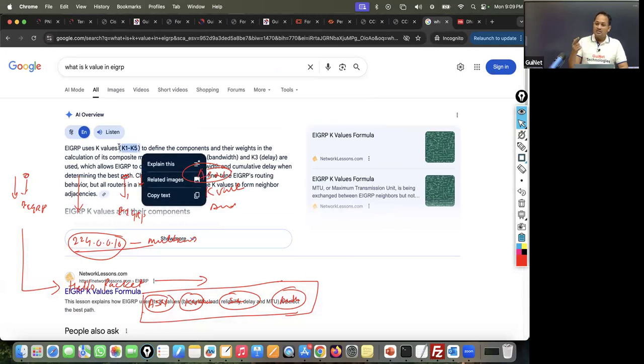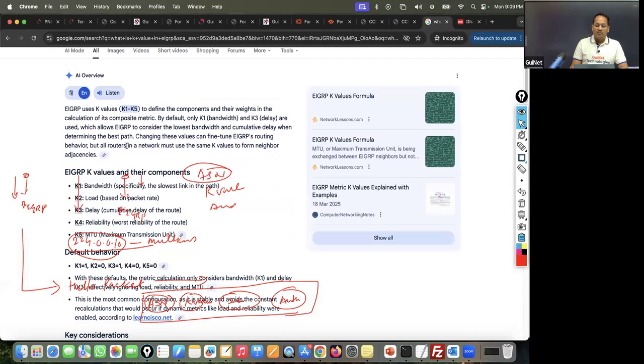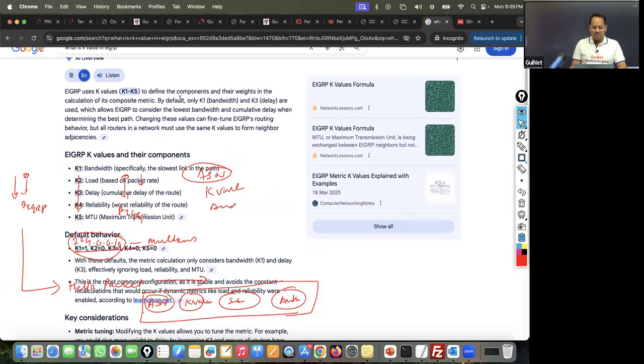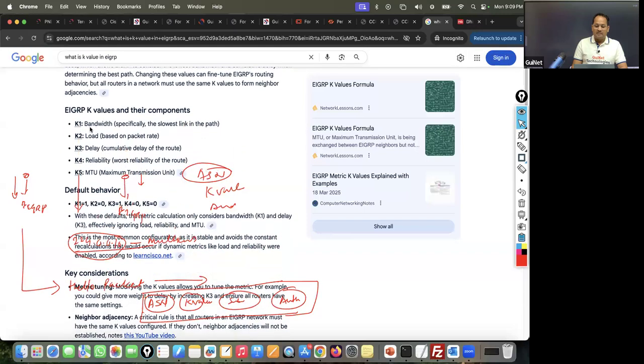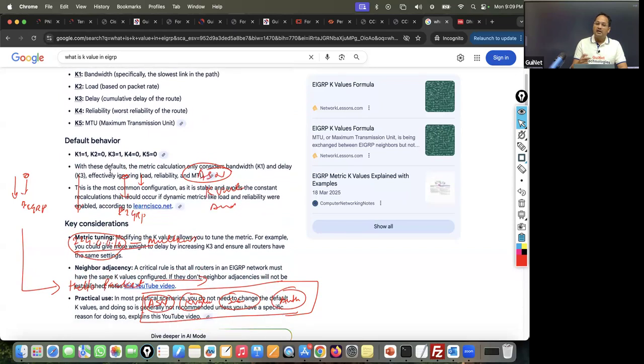It is going to be K6 also in case of named EIGRP. Not only K5, they use K6 as well. It is used to calculate your metric based on bandwidth, delay, and load. They use all these parameters: bandwidth, load, delay, reliability, and MTU. Based on that, they calculate your metric, meaning what is the metric to reach from one place to another place.